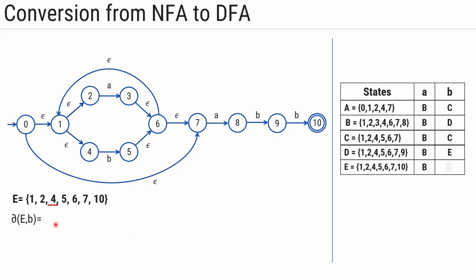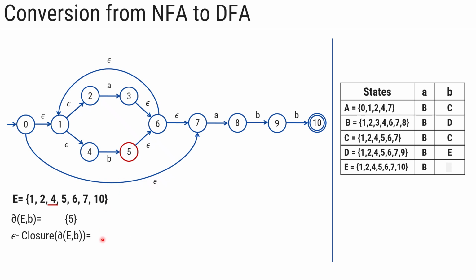We have a transition on b from 4 to 5, that is 5 circled here. Only one on b; any other state will not have a transition on small b.